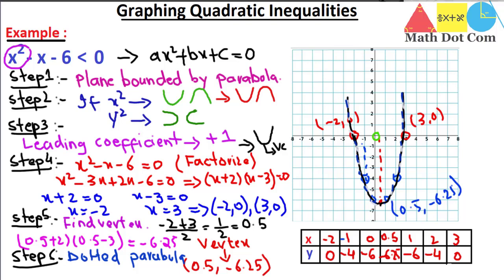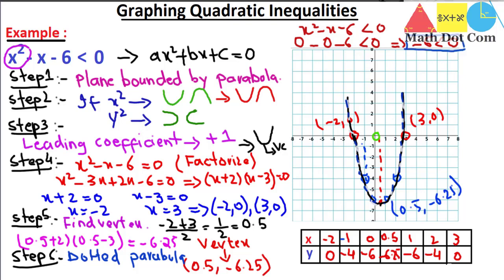If I put the value 0, 0 in the given inequality, that is, if I write here x squared minus x minus 6 less than 0, and if I put the value of x as 0, we get 0 minus 6 less than 0, and it will become minus 6 less than 0. So minus 6 is less than 0. It is true.